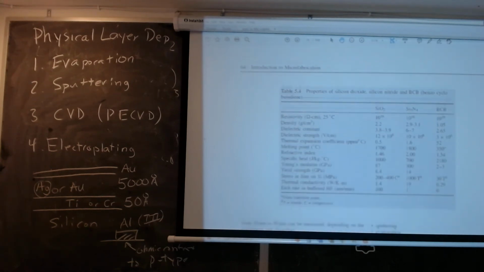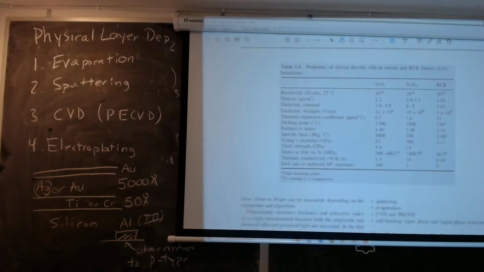Here are some different properties of silicon dioxide and silicon nitride. Of course, the resistivity, it's an insulator. The main thing you see here is that the thermal conductivity is very low compared to metals, especially for silicon dioxide.